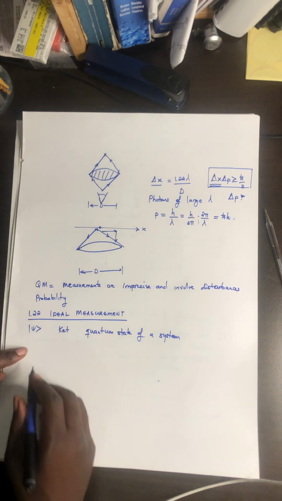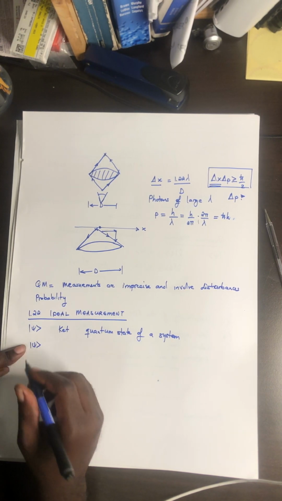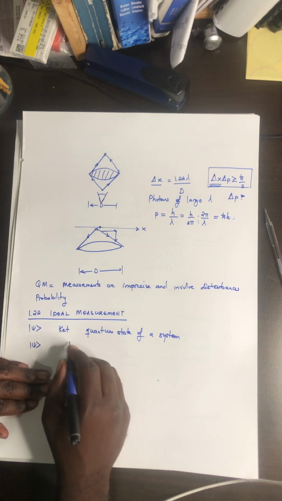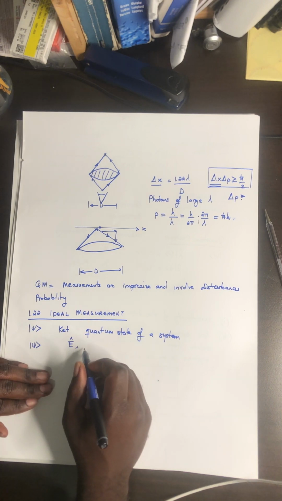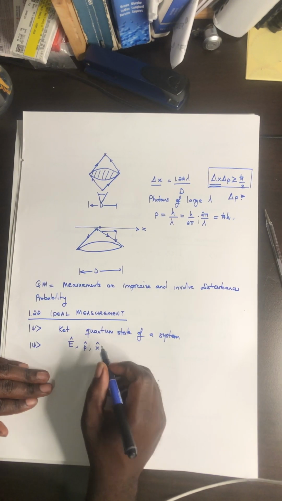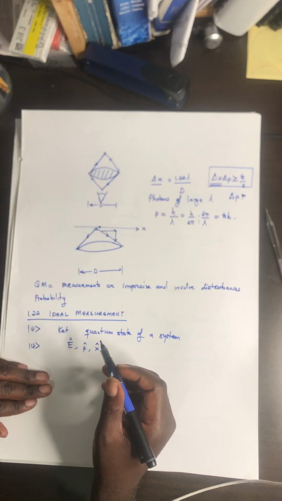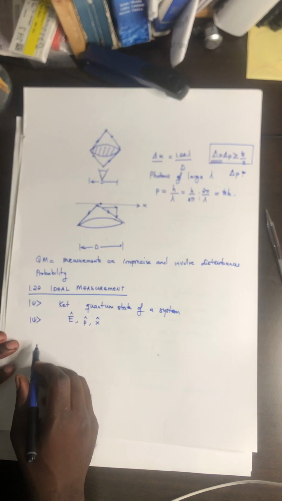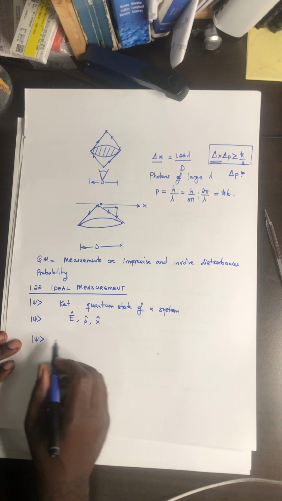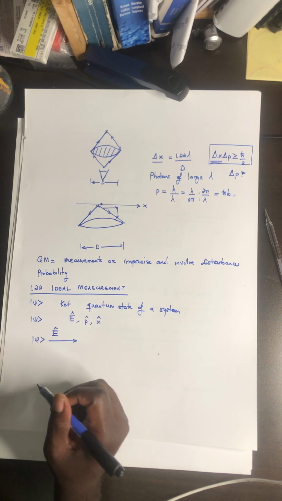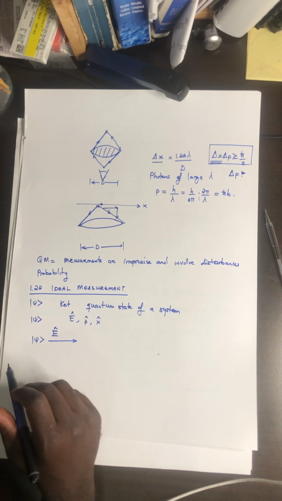If we take our generic state psi and measure things like energy, momentum, or position, we know the results are uncertain. Let's say we measure the energy E using the energy operator. I'll talk about the operators a little bit later.